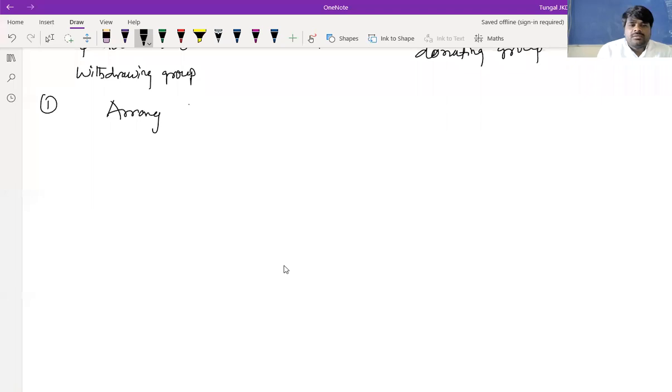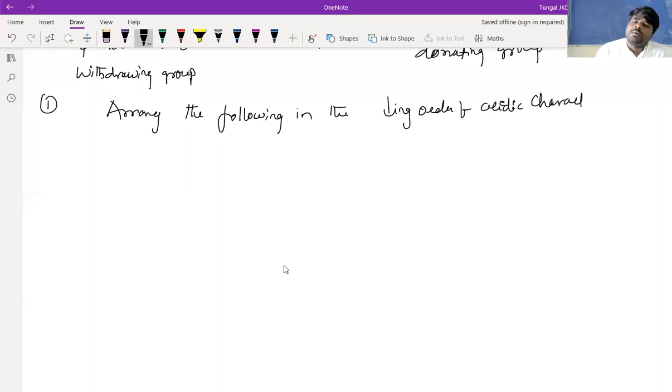Arrange the following in the decreasing order of acidic character. I'll give some examples, something like this.